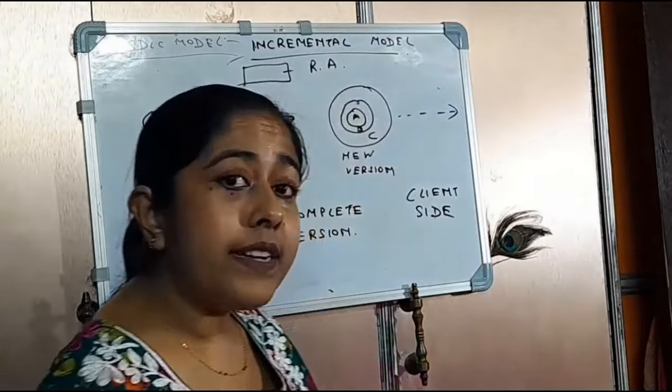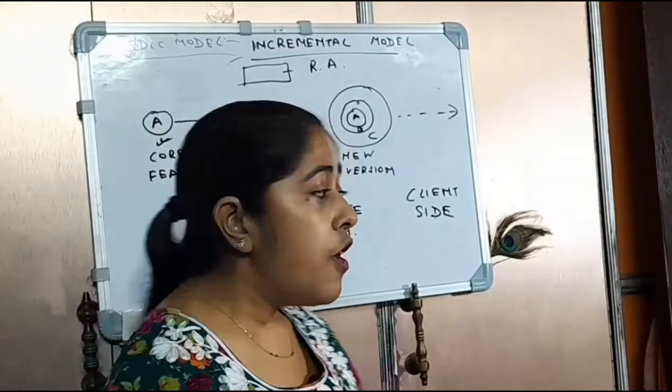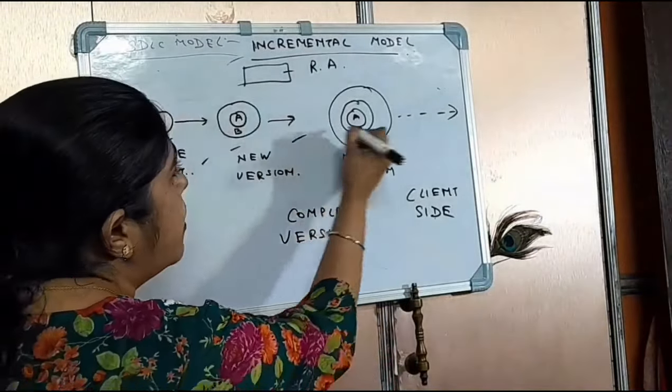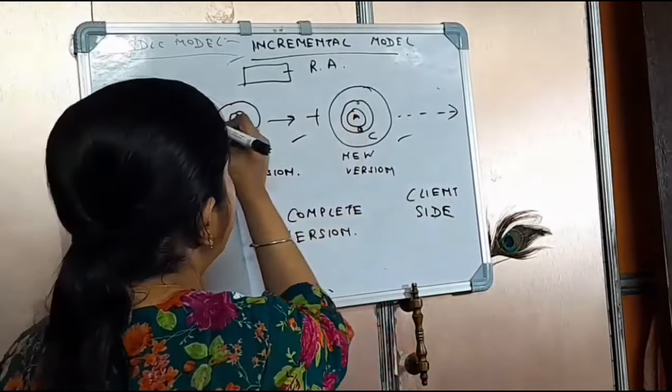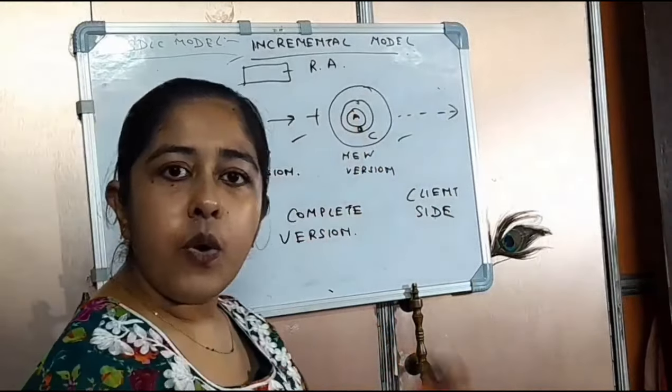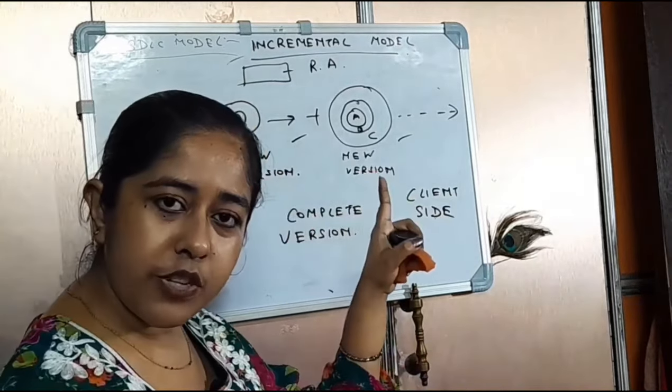Okay. Now what happens in this incremental model? With every phase, some new features go on being added. You are adding new features one by one. You have started with your core features.